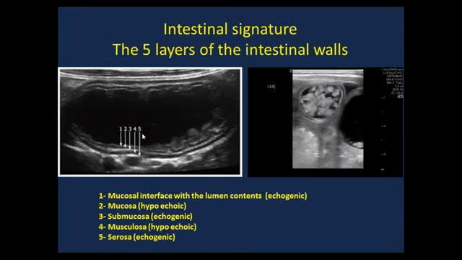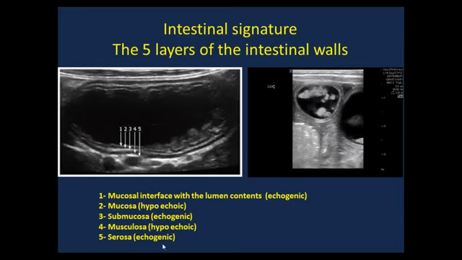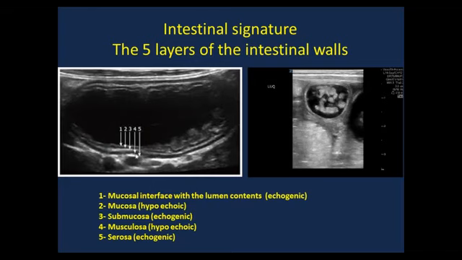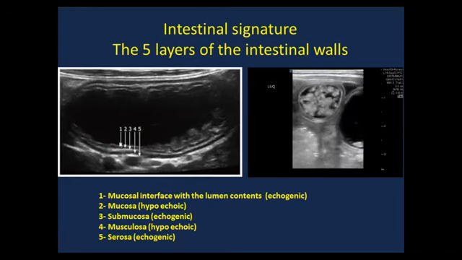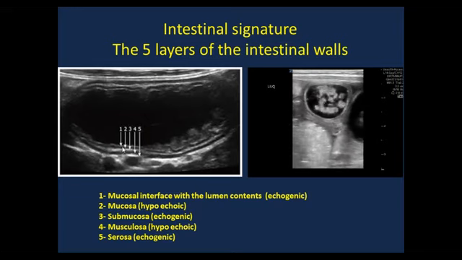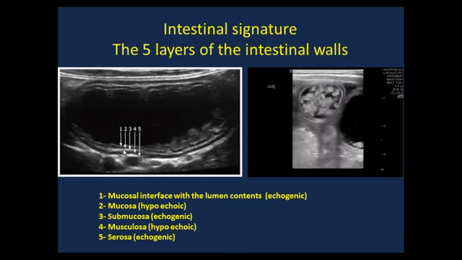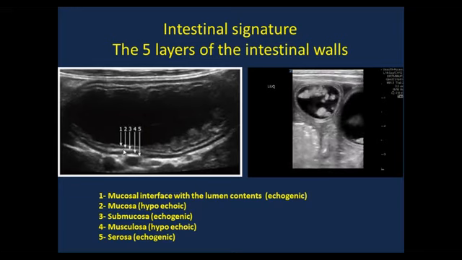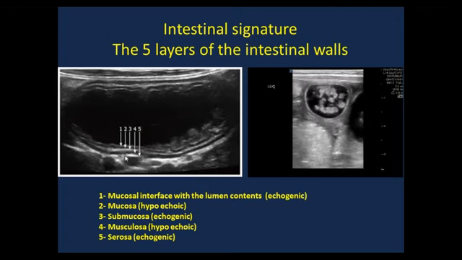And the last layer, layer number 5, is a serosa, which is echogenic. So we have the mucosal interface, echogenic, then mucosa, hypoechoic, submucosa, echogenic, musculosa, hypoechoic, and then serosa, echogenic.